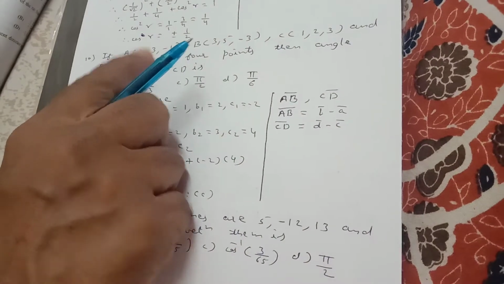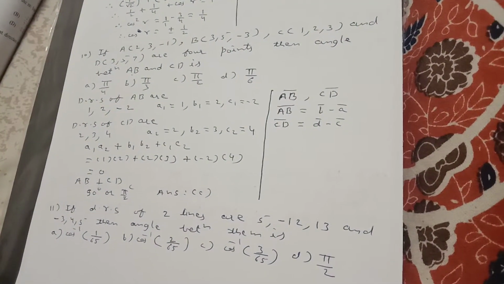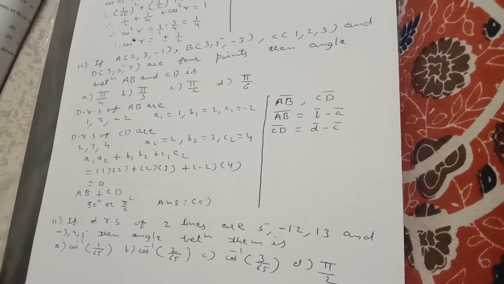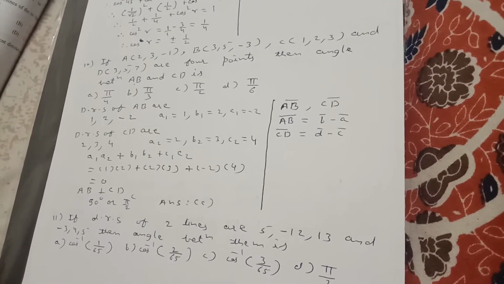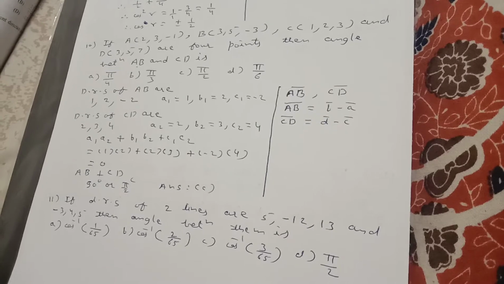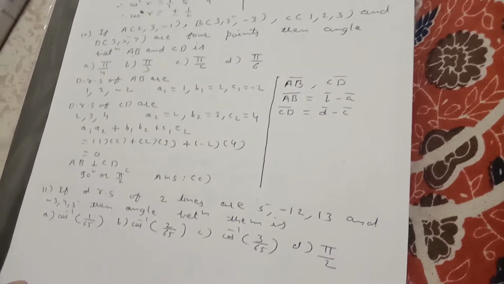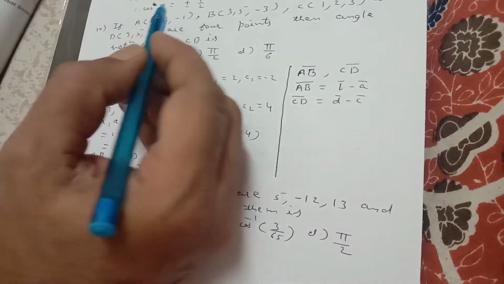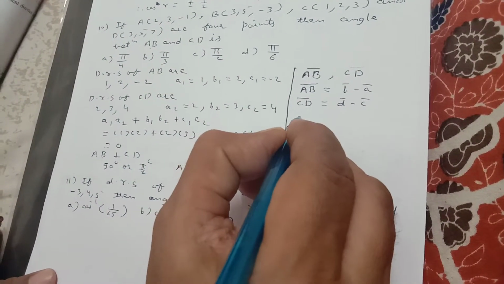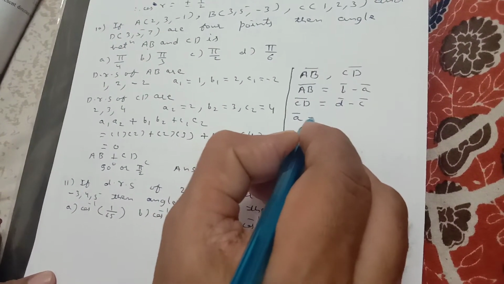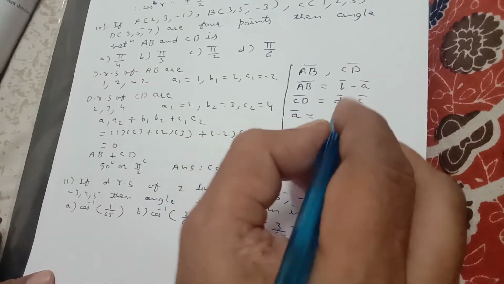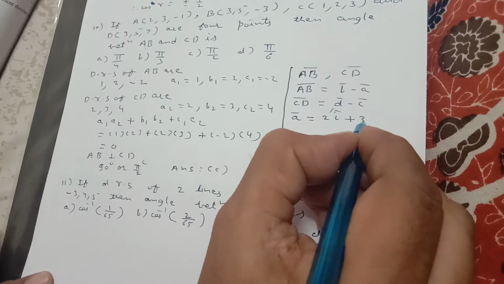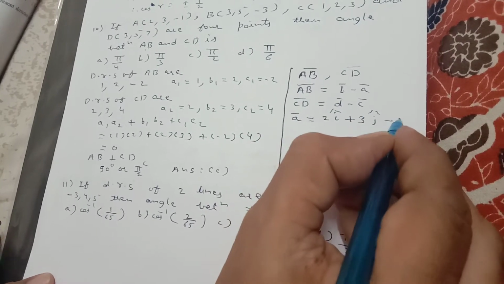So coordinates of 4 points are given. From coordinates of points, we can find position vectors. In position vector, coordinates of point become coefficients. Usually, position vector of a point is denoted by a small letter. So we get A bar equal to 2i plus 3j minus k.